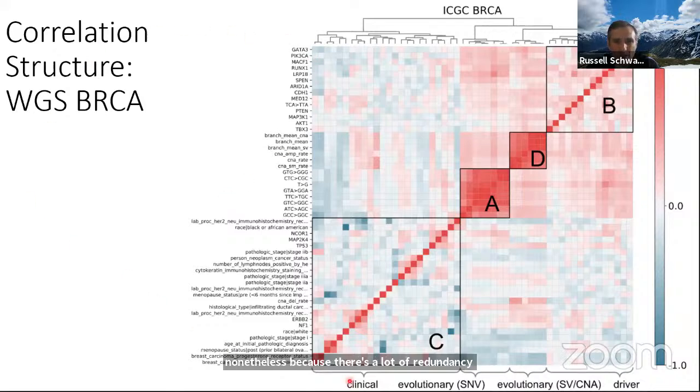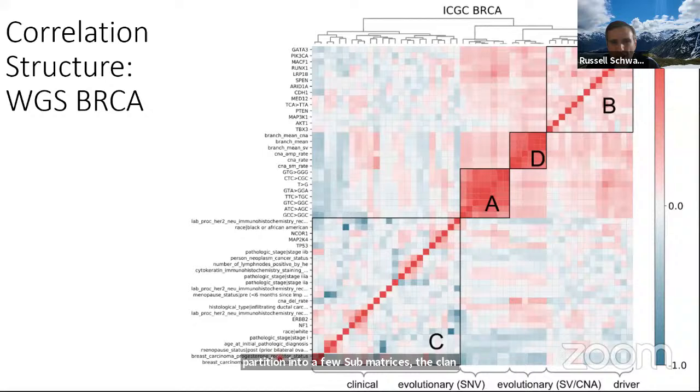And that's captured in this matrix of cross correlations, basically pairwise correlations between different features. This is showing in red highly correlated features. So the two axes of these matrices are just the feature sets aligned against one another. So the ones that pass the feature selection. And essentially what we see is a partition into a few submatrices.